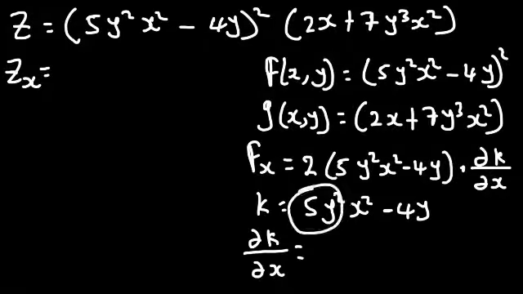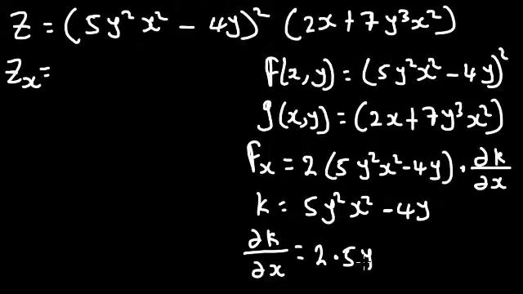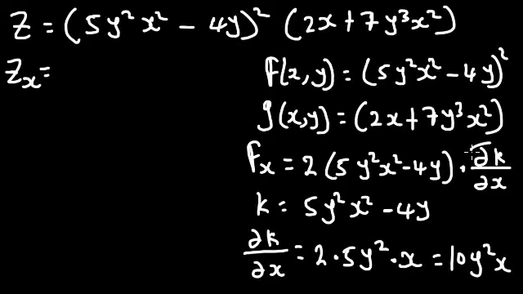This will be considered as a constant. So we have 2 times 5y squared times x. We reduce by 1, we have x. This is 0, it's gone. So that's simply 10y squared x. That's our k sub x. So instead of k sub x here, we would have this one.